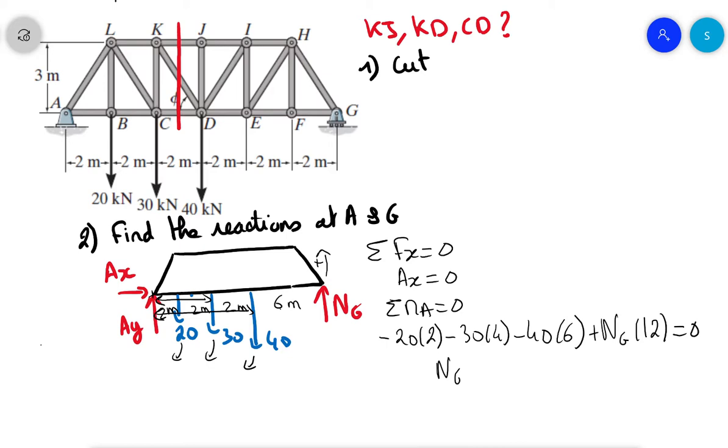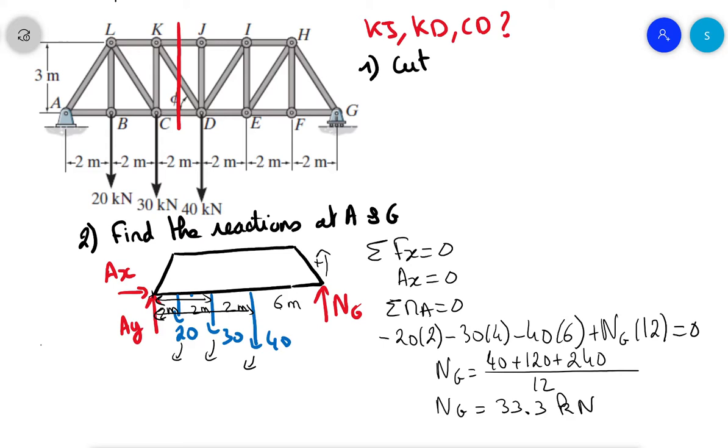So NG is equal to 40 plus 120 plus 240 divided by 12. That's 33.3 kilonewton.